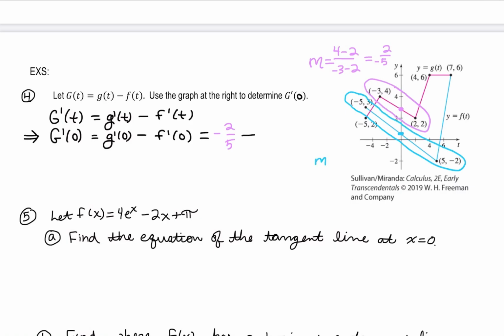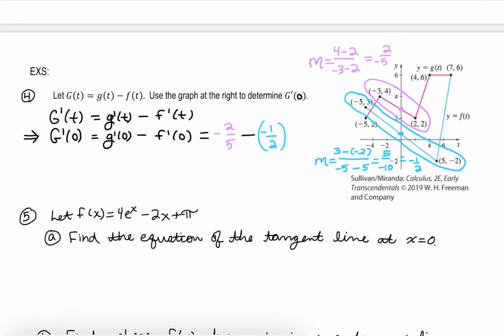So its slope, again, change in y, so 3 minus the negative 2, over change in x, so negative 5 minus the 5. So 3 plus 2 is going to be 5 over negative 5 minus 5 is negative 10. So it looks like we have negative 1/2. So this derivative at 0 is going to be negative 1/2.